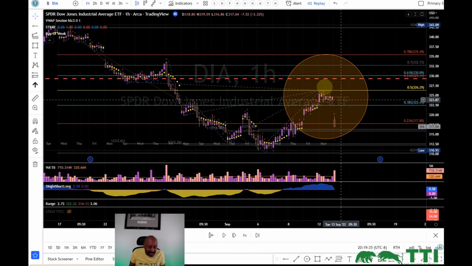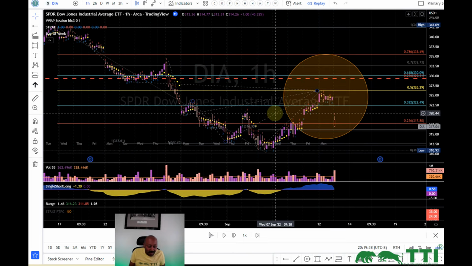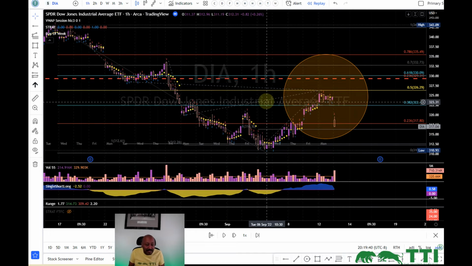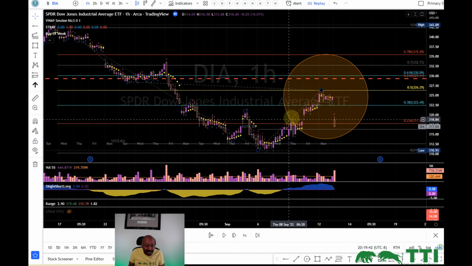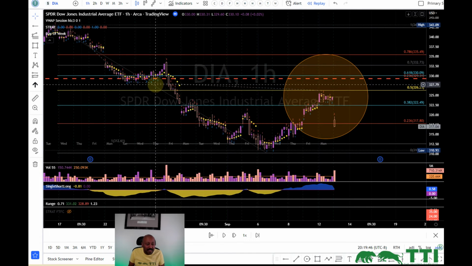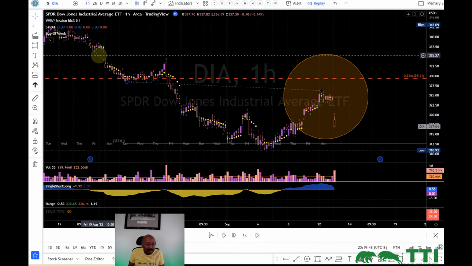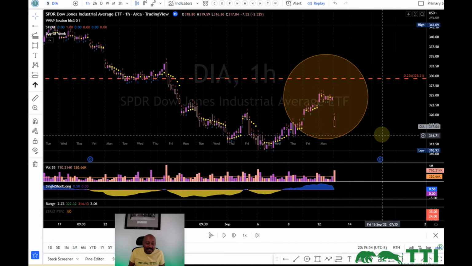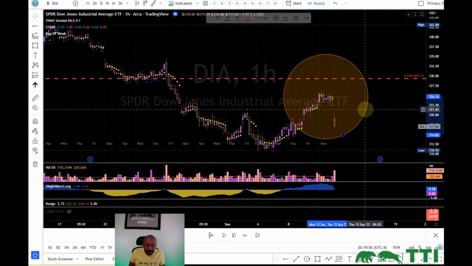It fits the criteria. Or I'm skipping this trade because even though it fits the criteria, the risk to reward is not what I want. So those are all valid things to do when you're entering a trade.